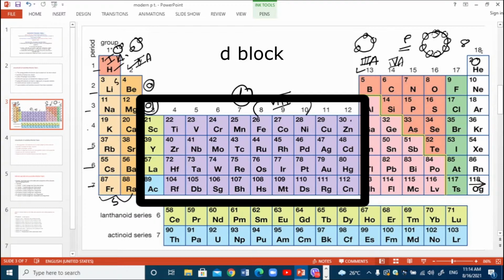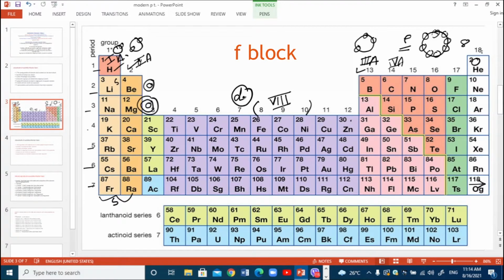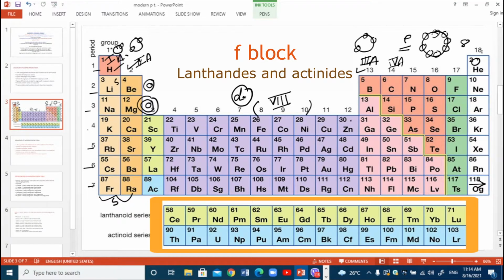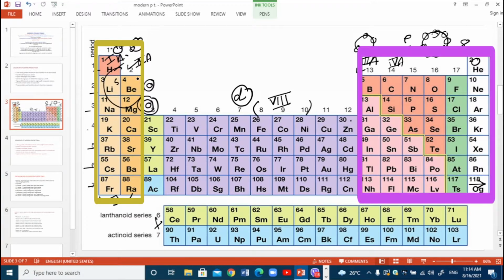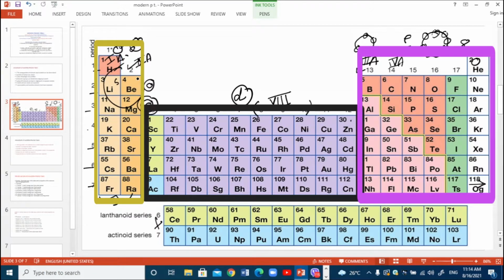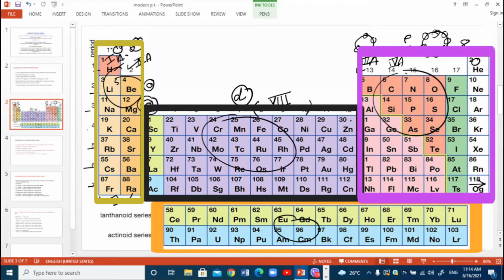F block elements are the lanthanides and actinides, this separate part of the periodic table at the bottom. So S block, P block, D block, F block. You need to understand this also.